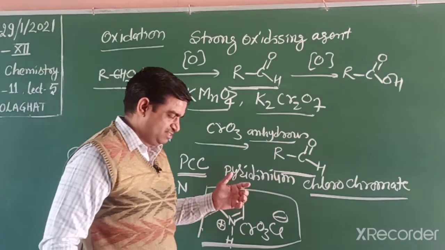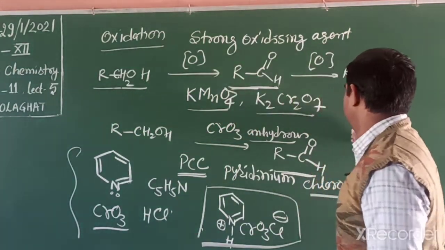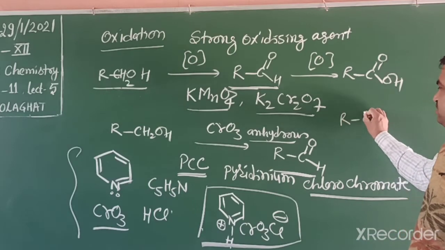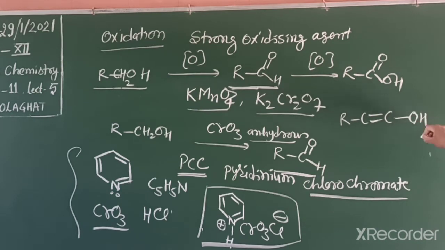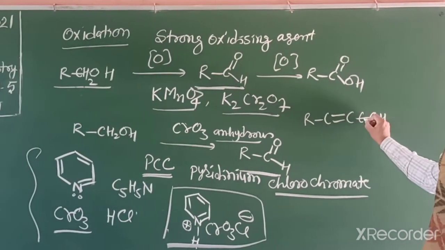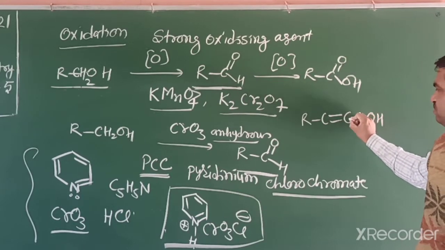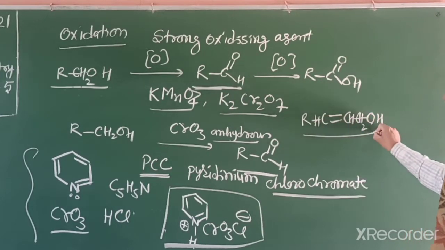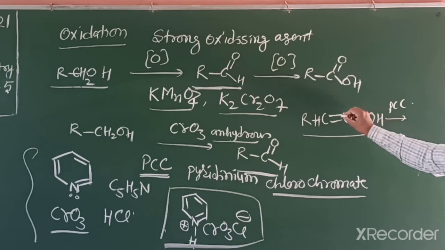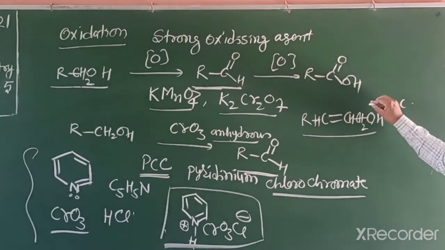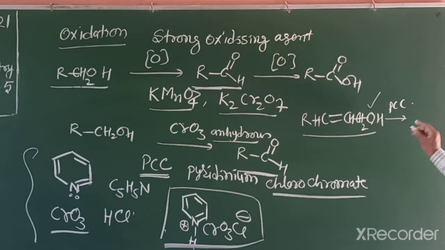This does not affect the double bond in the alcohol. For example, if I write an alcohol of such type, in this compound a double bond is situated, and we use PCC, so it does not affect this double bond, it oxidizes only the alcohol. It oxidizes alcohol into aldehyde and the product is RCH=CH and then the aldehyde.